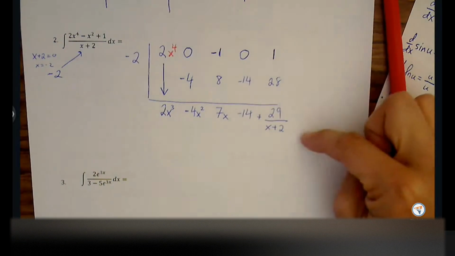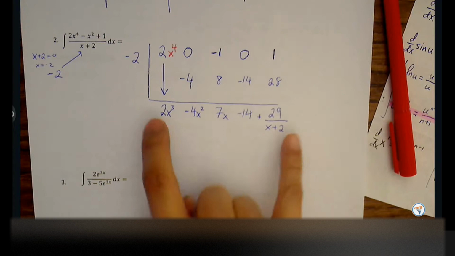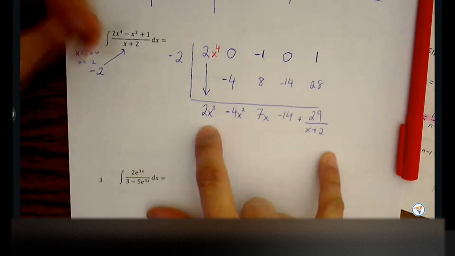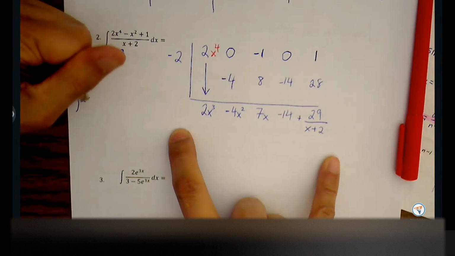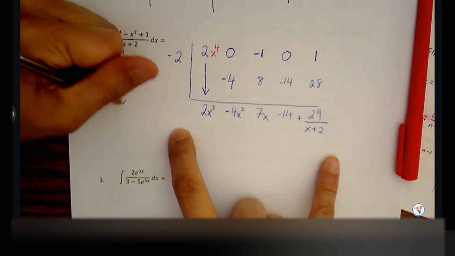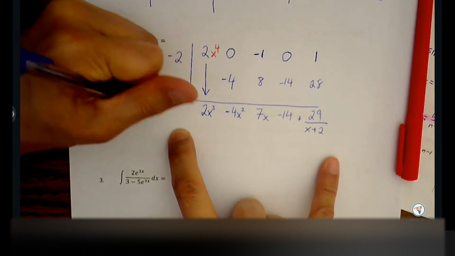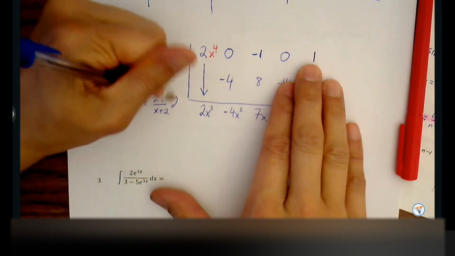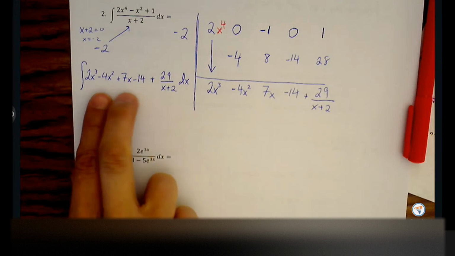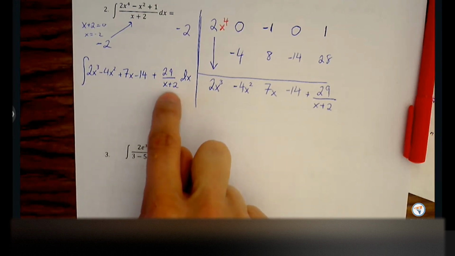Okay. Now we haven't finished the problem, but we've just made it easier for us to apply the antiderivative rule. So now we're going to come to the side and write these terms out. And usually with synthetic division, your first few terms are just going to be power rule, but the last term is going to be a U-substitution natural log rule.